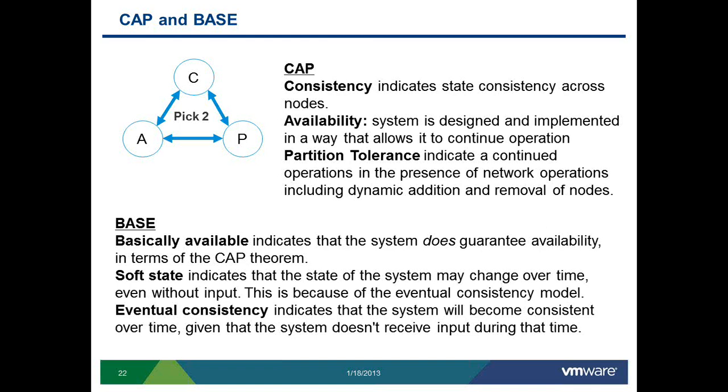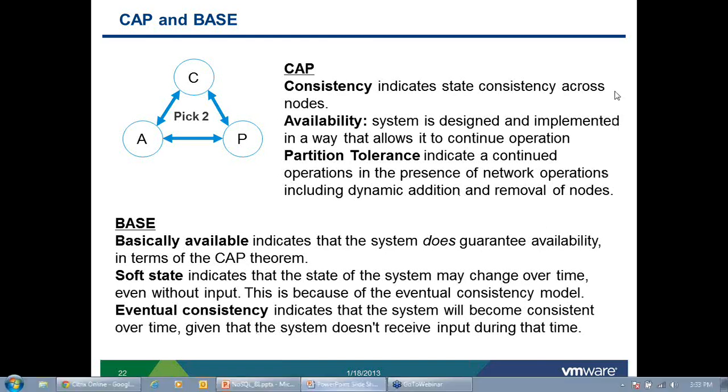Consistency means we need to have a common state across multiple nodes. Availability means the system is designed and implemented in such a way that it continues to operate even if one of the nodes goes down. And partition tolerance means that if you have a huge network of nodes, the dynamic addition of extra nodes will not harm the existing running system.